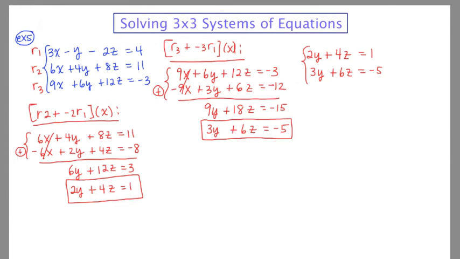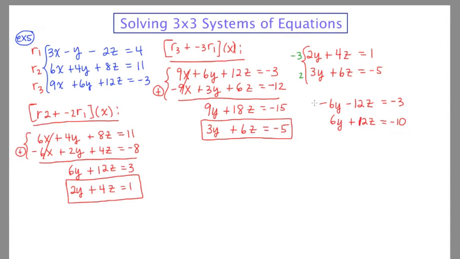And to do elimination here, I'm going to multiply the top by -3 and the bottom by 2. So now we have -6y minus 12z equals -3. And we have 6y plus 12z, and that equals -10.